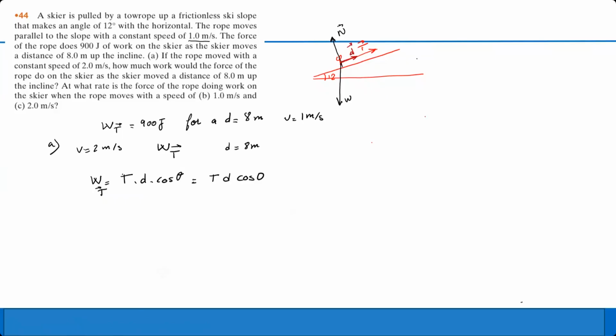Now, one thing I notice is if you look at the work done, it's independent of speed. Because it is independent of speed, I can deduce that the work done will be the same as the previous case when the speed was 1 meter per second.